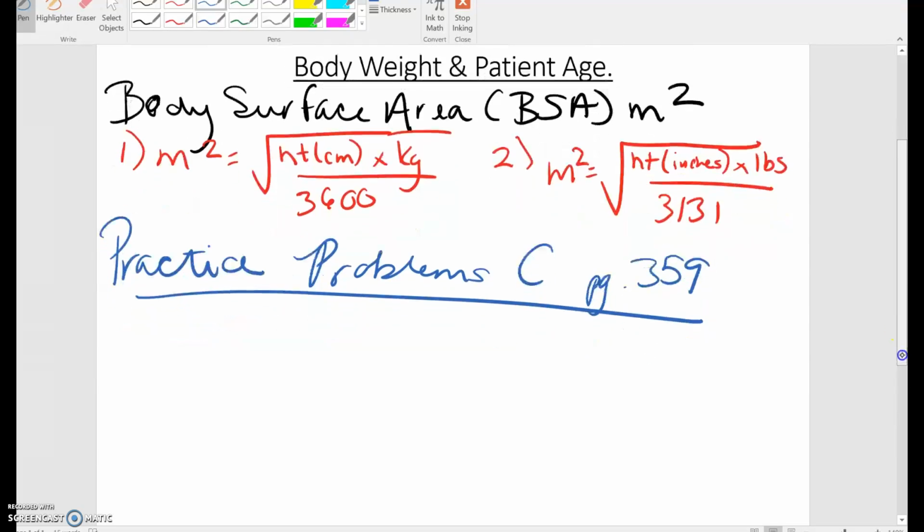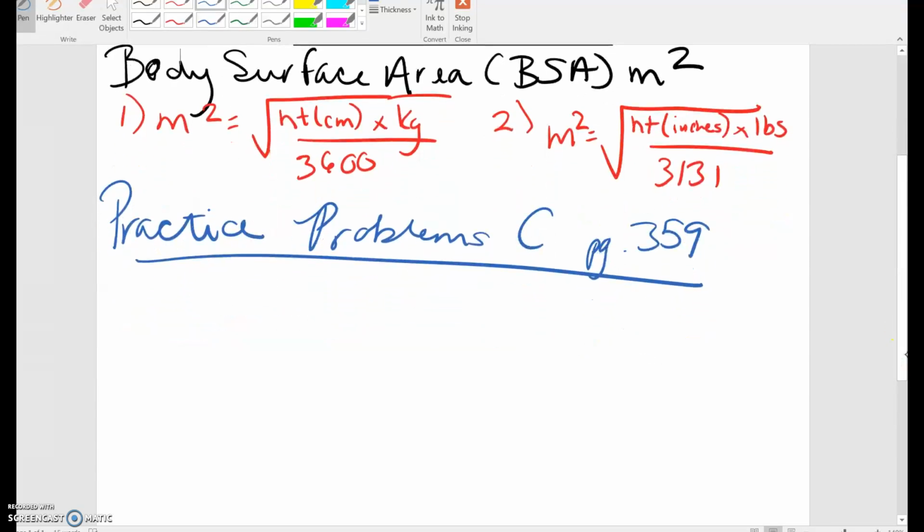All right. And so it reads that you're to use the proper nomogram to calculate the following body surface areas as practice, and you're to round to the nearest 100th place. We're not going to use the nomogram. We're going to use the body surface area formulas.